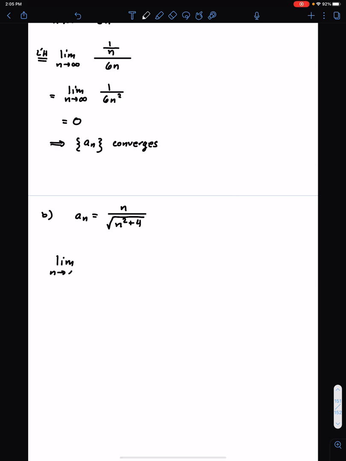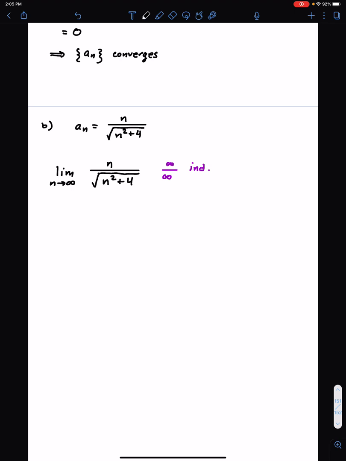So the limit as n approaches infinity of n divided by the root of n squared plus 4 is infinity over infinity, which is another indeterminate form. I'm going to use a Calc 1 technique to simplify this. I'm going to divide by the highest degree term in the denominator.